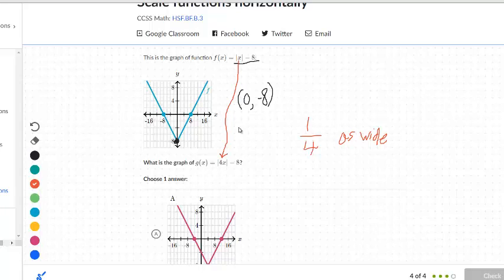Okay, 1/4 as wide. So my new g of something is my old f of 4 times that same something.